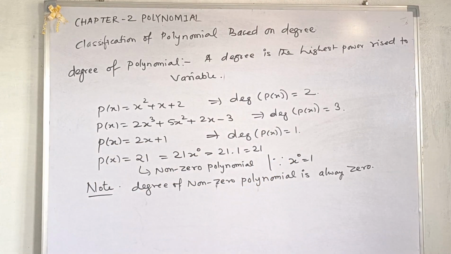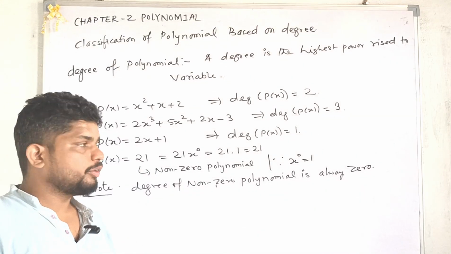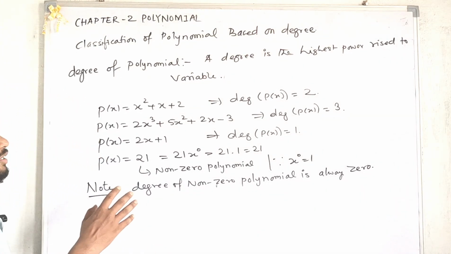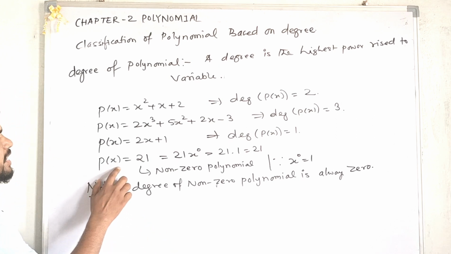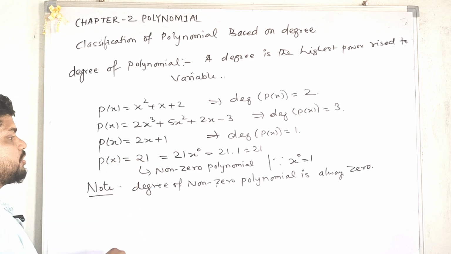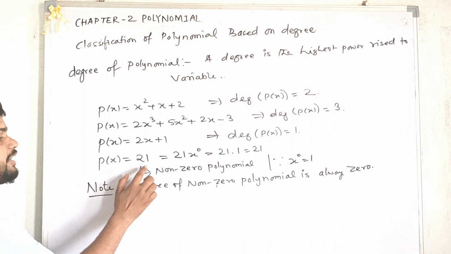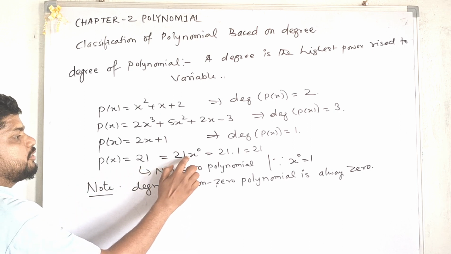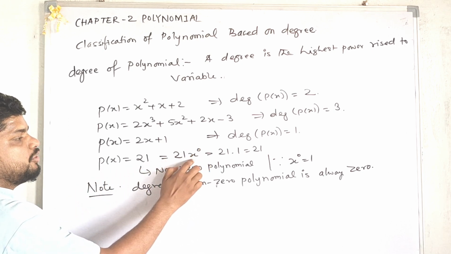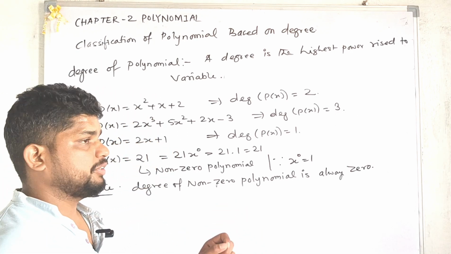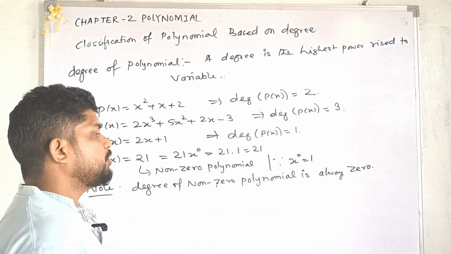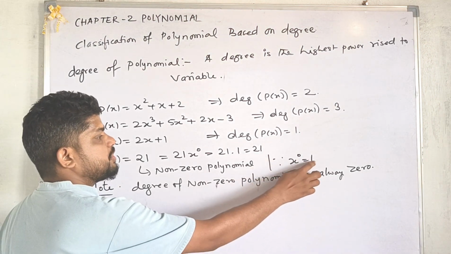Now talking about the non-zero polynomial. Suppose a non-zero constant only. So p of x is, let us suppose, 21. We can write 21 as 21 times x to the power 0, because up to class 9th we have learned that anything raised to the power 0 is 1.